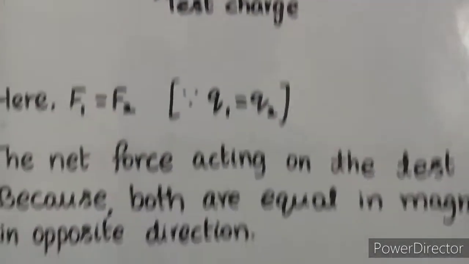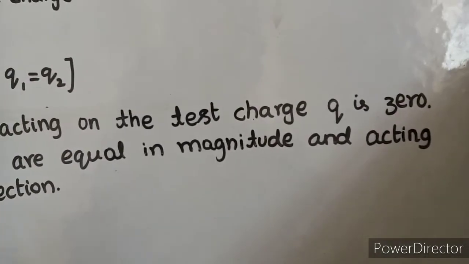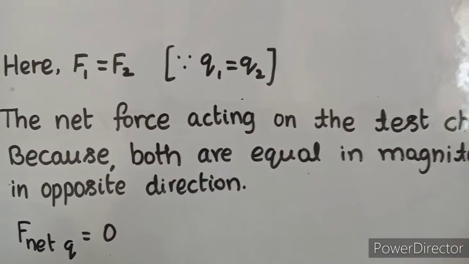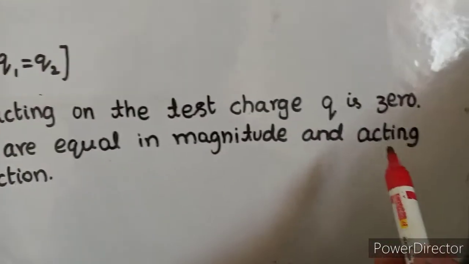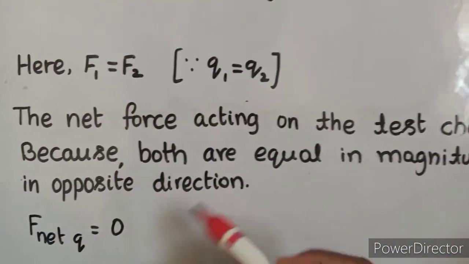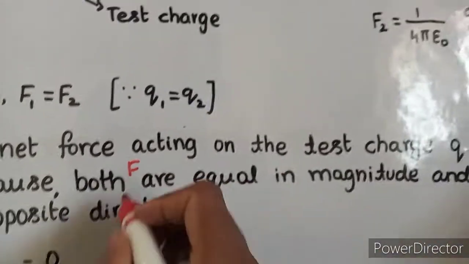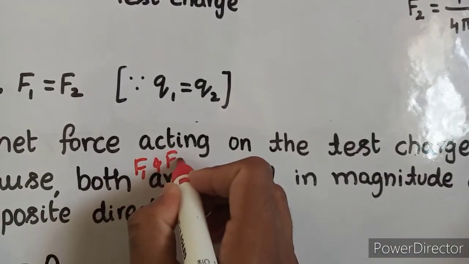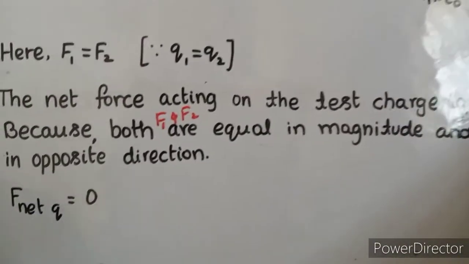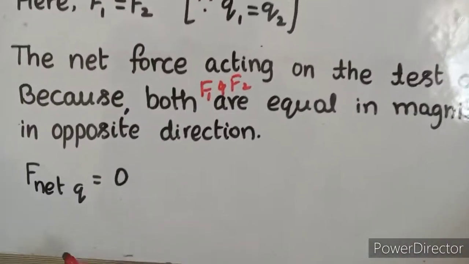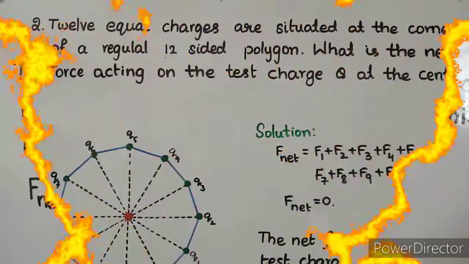That's why the net force acting on the test charge Q is 0, because both forces F1 and F2 are equal in magnitude and acting in opposite direction. That's why the net force acting on the charge Q will be equal to 0.